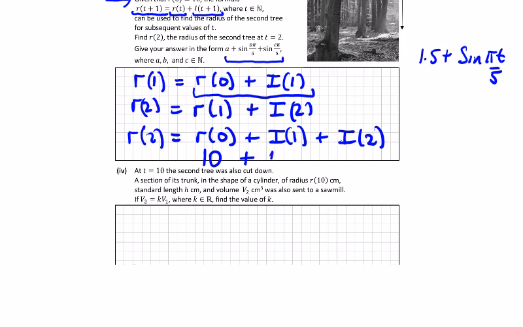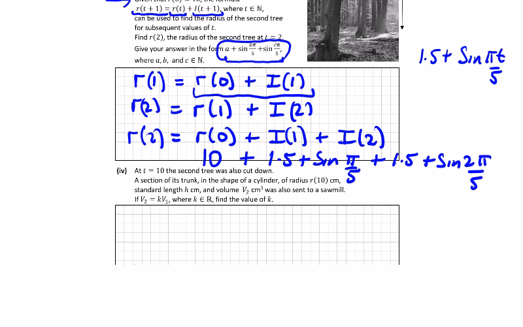So the increase in year 1 is 1.5 plus the sine, if t is 1, just pi over 5, and the increase in year 2 is 1.5 plus the sine of 2 pi over 5, and this is the format they wanted it in, given here.